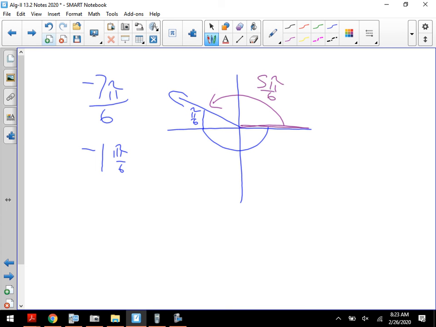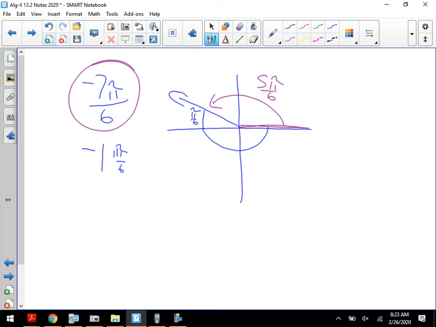If I go another negative, we already knew that our original angle was at negative 7 pi over 6. I just have to go around another negative 2 pi. But I'm not going to write negative 2 pi, I'm going to write it as negative 12 pi over 6. So what's negative 12 and negative 7? Negative 19.